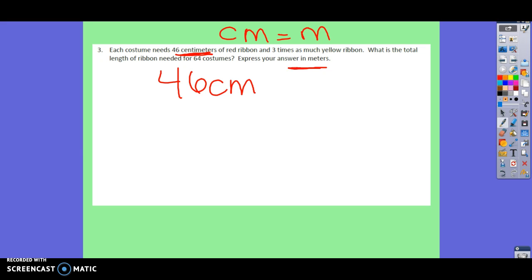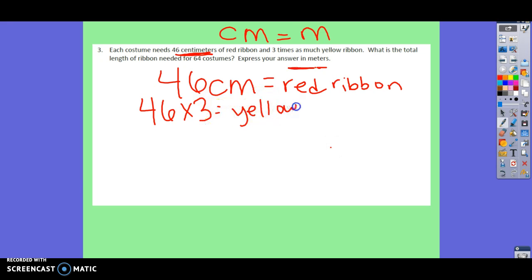Okay, so 46 centimeters is your red ribbon, and 46 times 3 is going to be our yellow ribbon. You need to combine the two amounts of ribbon, so you need to know how much yellow ribbon.